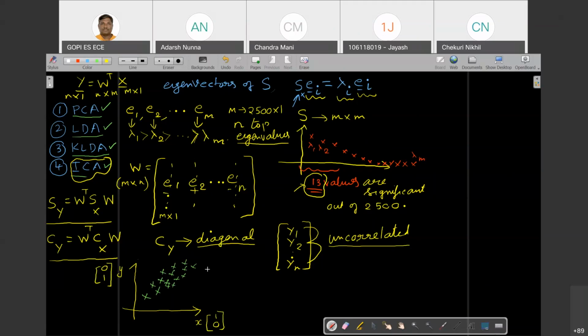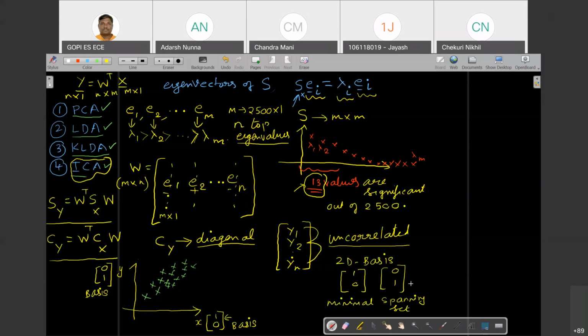This is the basis function. You know the 2D basis function; a standard one is 1 0 and 0 1. A basis is the minimal spanning set. We can say it is the minimal set that spans the complete 2D space.